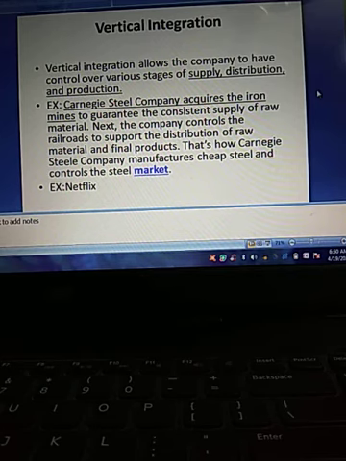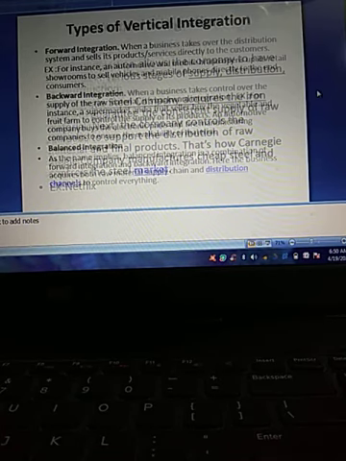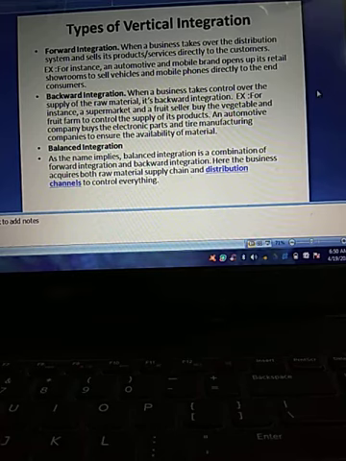Strictly speaking, backward vertical integration. Just now I told you integrations are of different types. One is forward integration, when a business takes over the distribution system and sells its products directly to the customers.